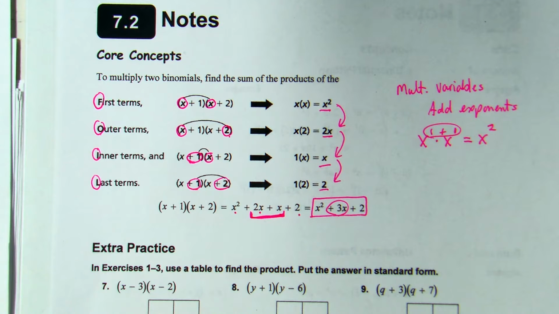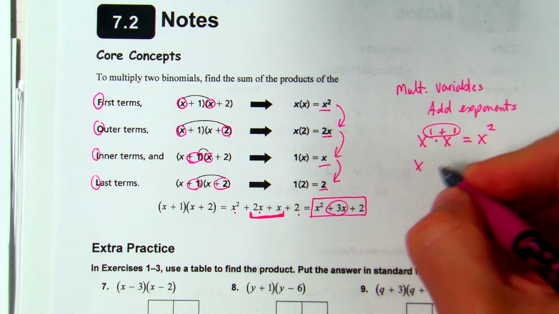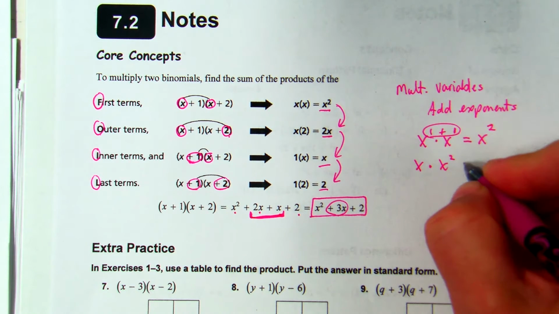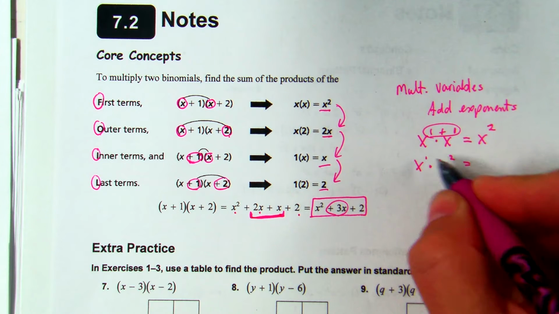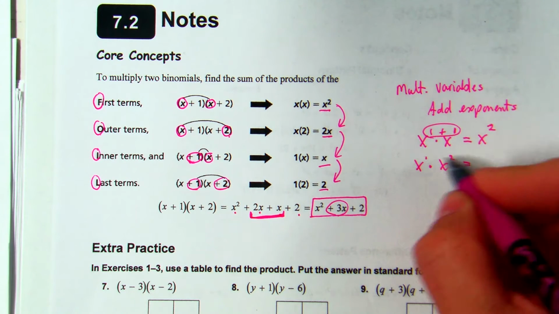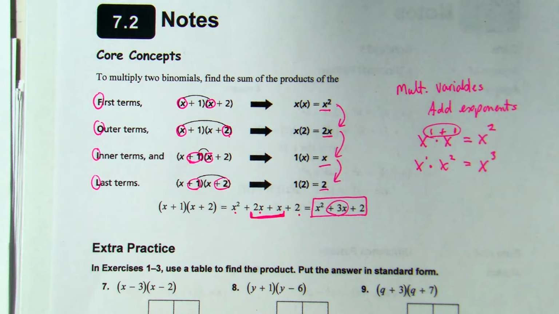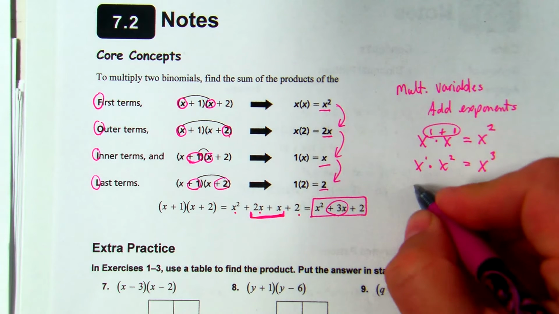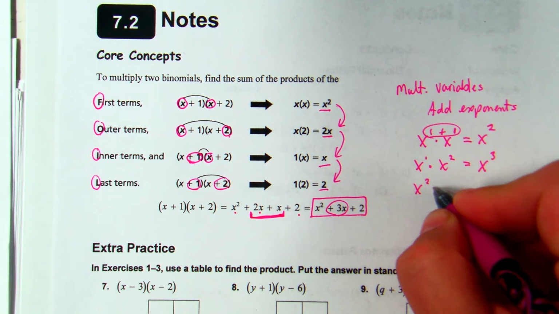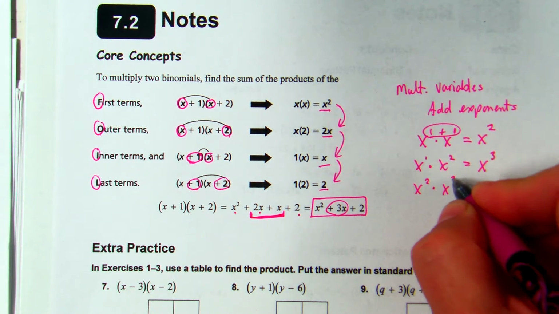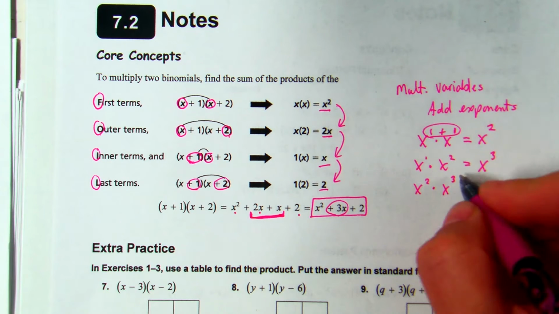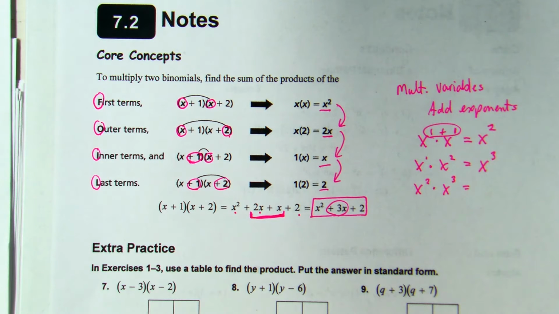Okay. If we had x times x squared, or x to the first times x squared, we add 1 plus 2, and we get x to the what? Third? Exactly, third. All right, and then if we have x squared times x cubed, or x to the third power, we end up with x to the what power?